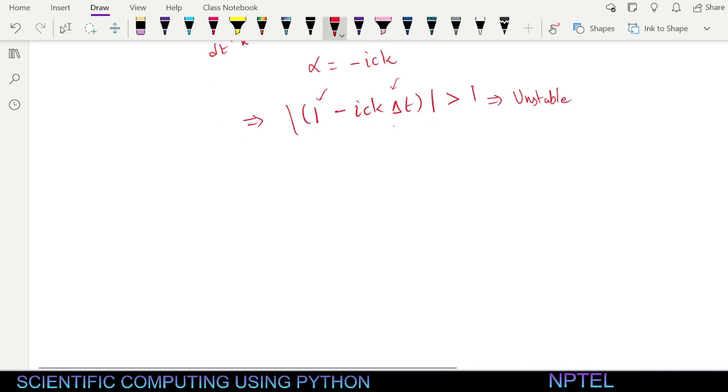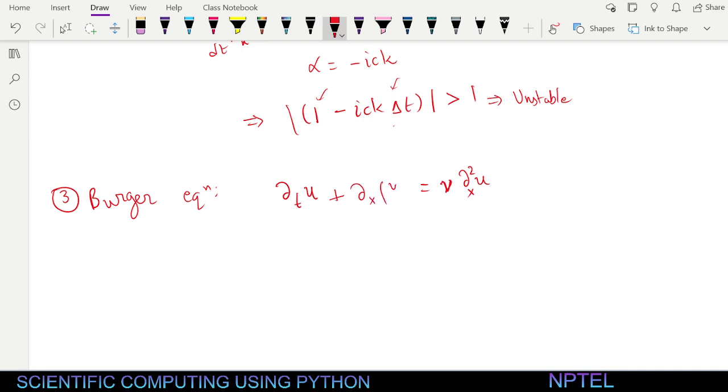Okay. And the next, the third one, was the nonlinear equation, which is the Burgers equation. And it is like the diffusion equation. This is nu del 2u by del x square. But there is another term, convection, which is del by del x of u square over 2, or another way to write it is u del x u.